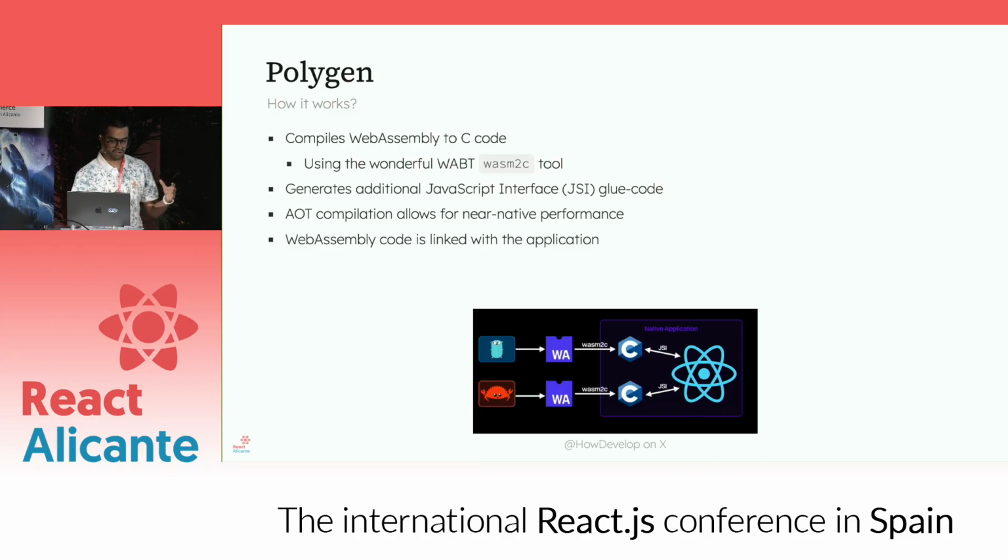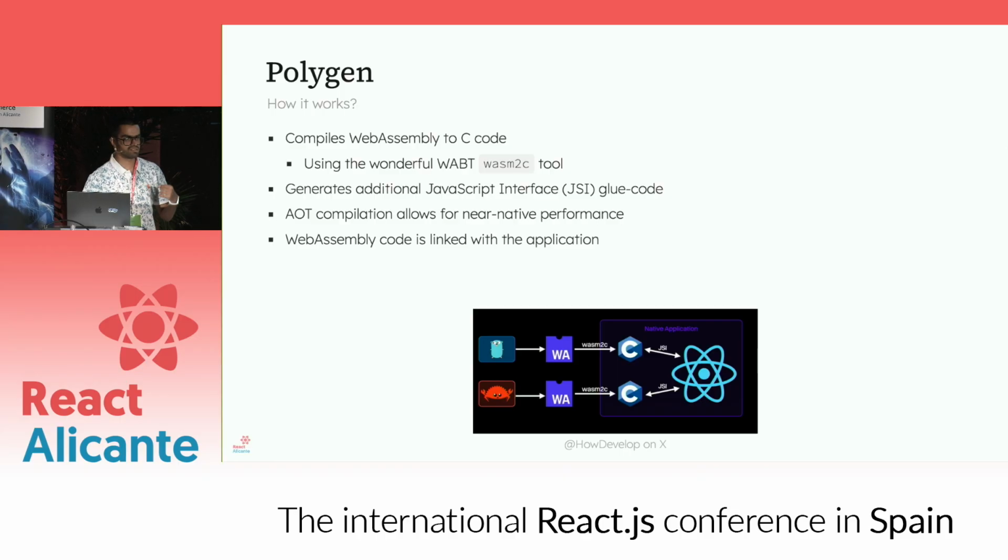The idea would be that you bring Rust code or Golang code, you compile it into WebAssembly, and then you compile it into C, and then you can use the JSI to interact the way you would use the JSI to interact with your native Java or Kotlin app, right? So you can run this natively with your application and you get near native performance.